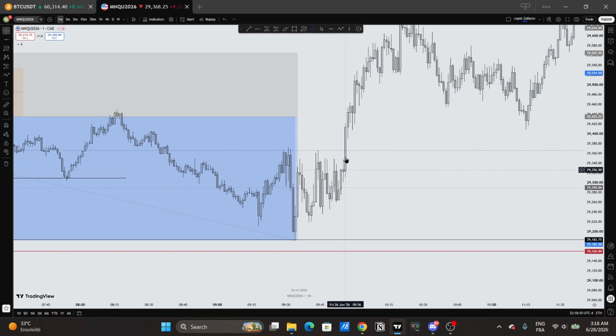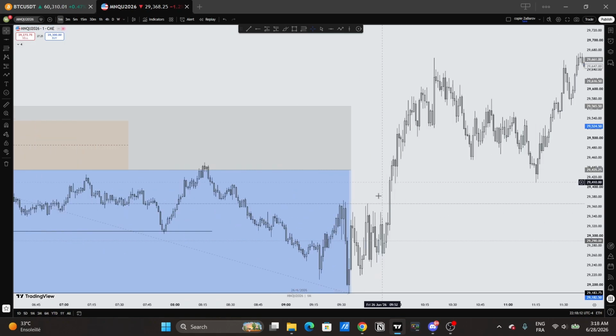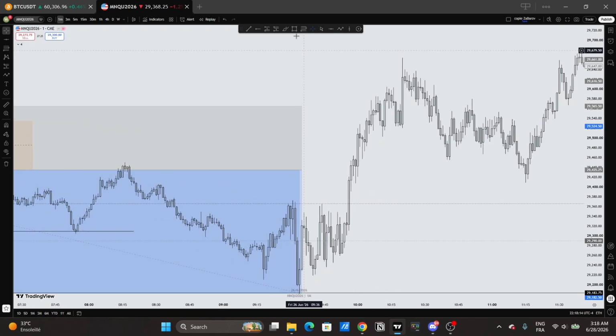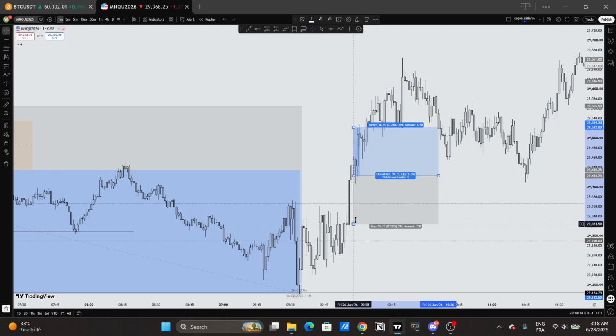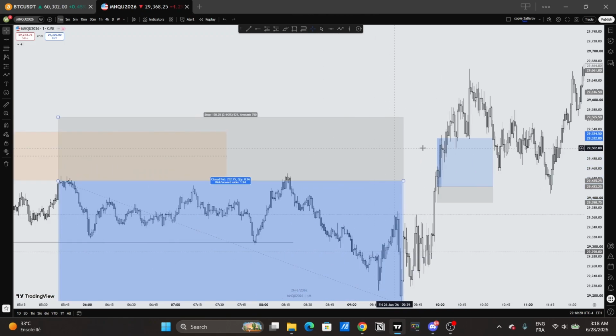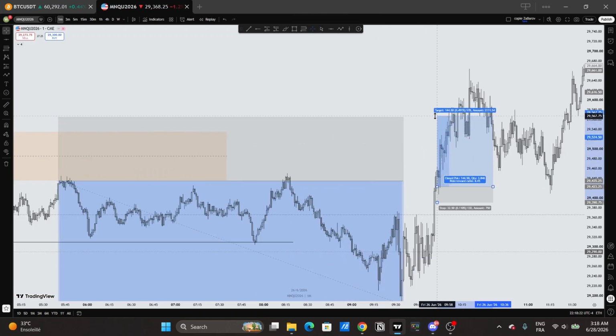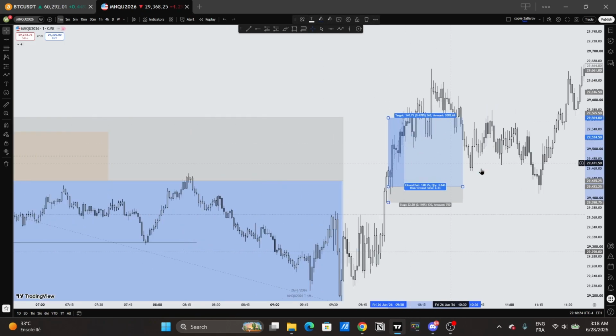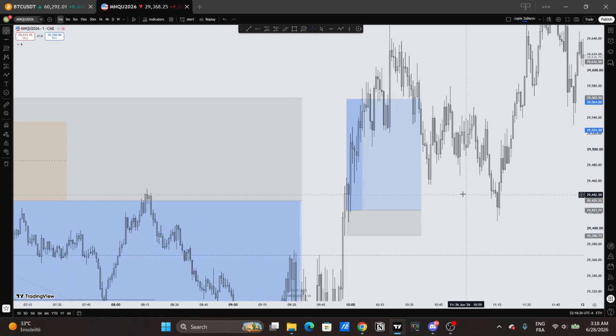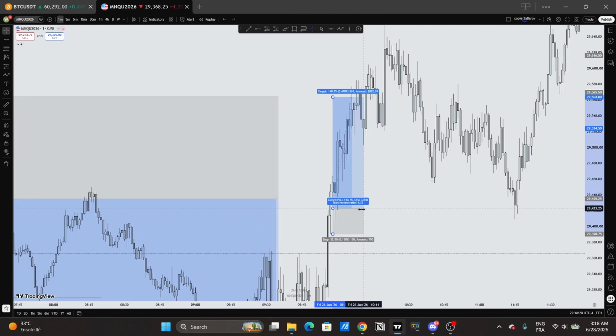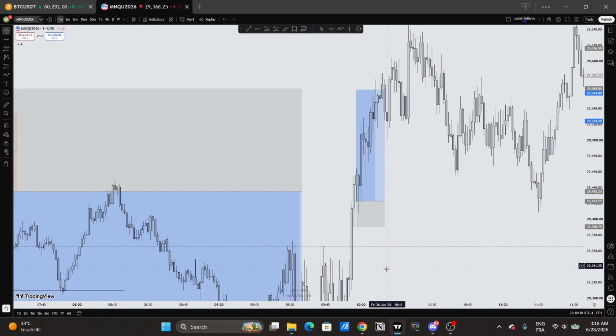For example, after seeing this crazy push, I would probably just take the first fair value gap here, with my stop in the fair value gap down, and my TP at the origin of the move, which will be this one, and this will result in a 4RR trade. So this is the first example.